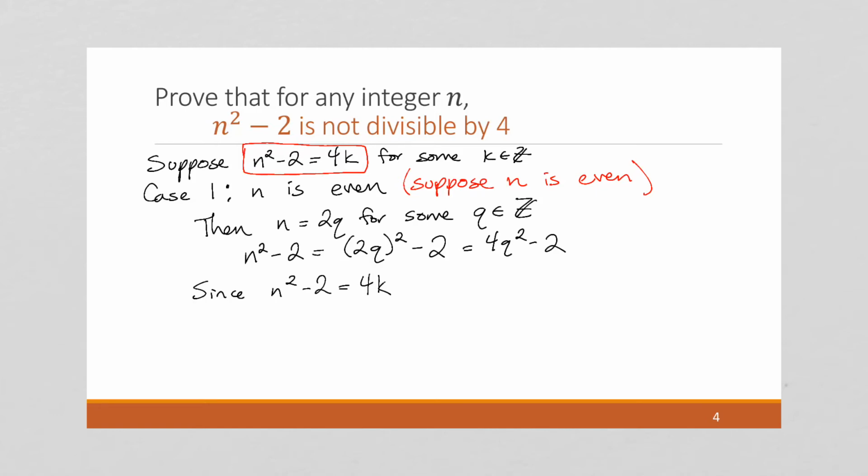If we know that n squared minus 2 is equal to 4q squared minus 2, I'm going to substitute that. So 4q squared minus 2 equals 4k. Let's see if we can solve for some of these variables. I'm going to subtract 4k from both sides.